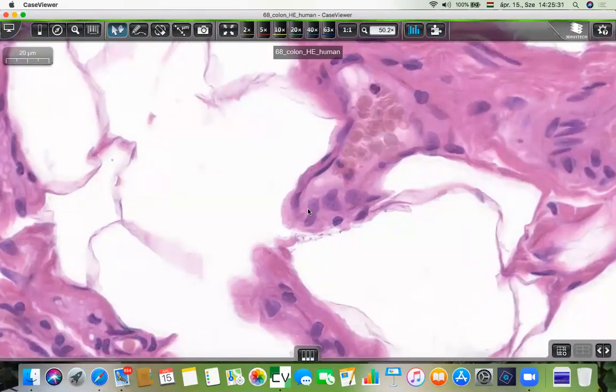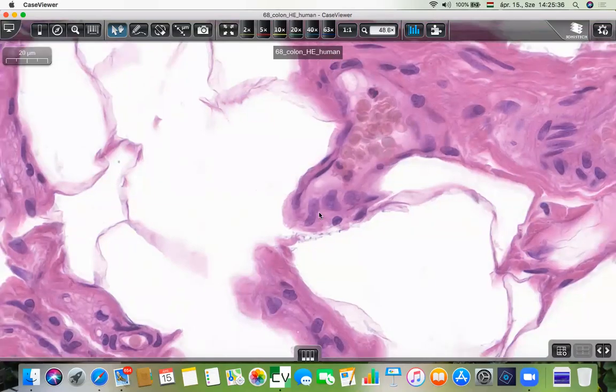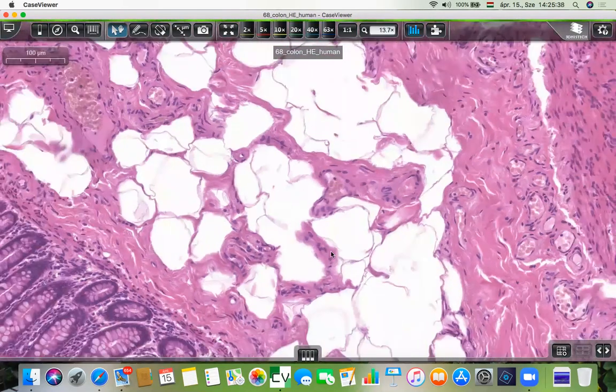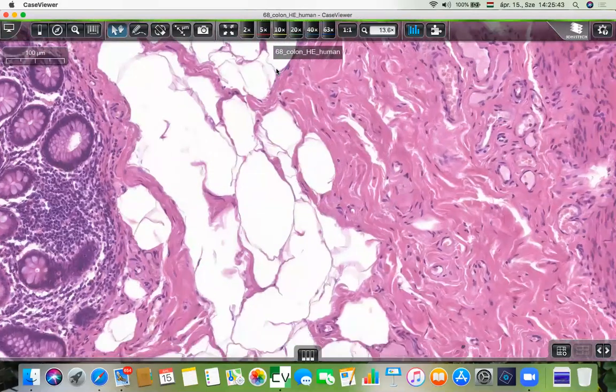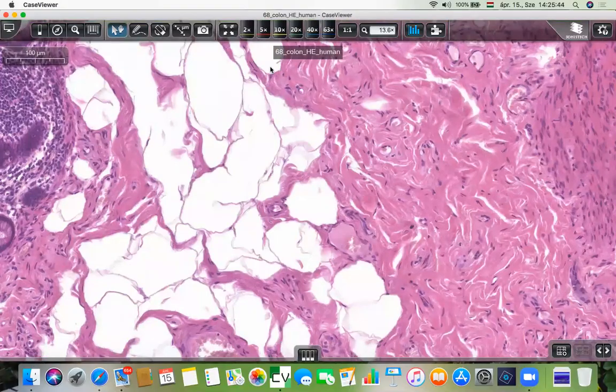That is a Meissner's plexus really close to this vessel. That is the submucous plexus innervating the vessels of the submucosa and muscularis mucosae.